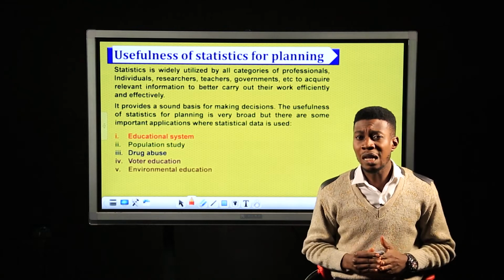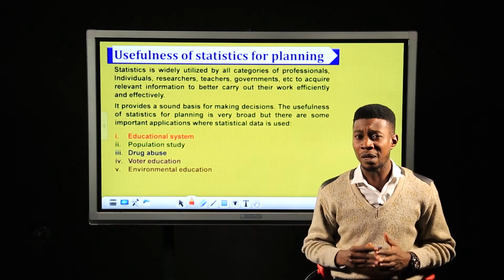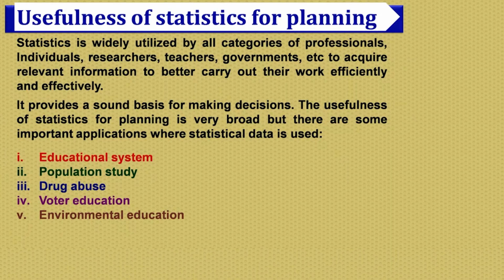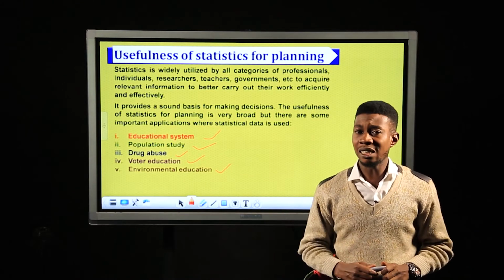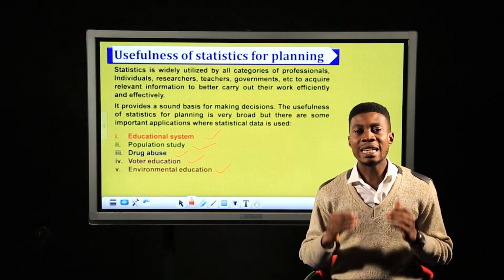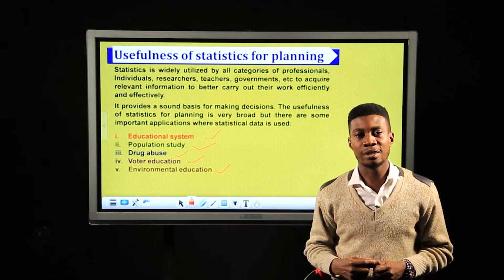Here are some important applications of statistical data. 1, we have the educational system, population study, drug abuse, voter education, and environmental education. Let's go further in this lesson to find out how statistical data is applied in these areas.